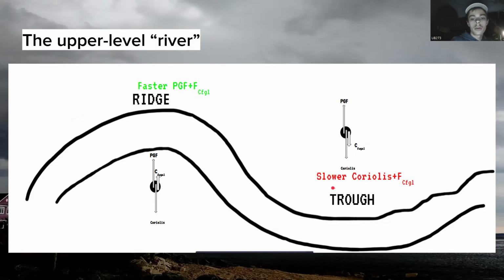Now, there's going to be something that happens in between those points. That's convergence and divergence. What would happen if it goes from fast to slow or slow to fast? Convergence is going to be if you're going from faster winds to slower. And that's like a traffic jam.